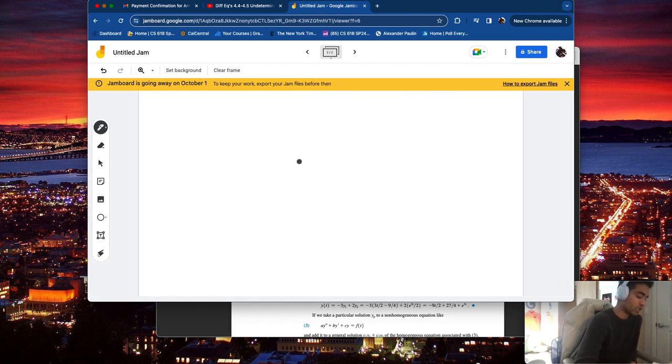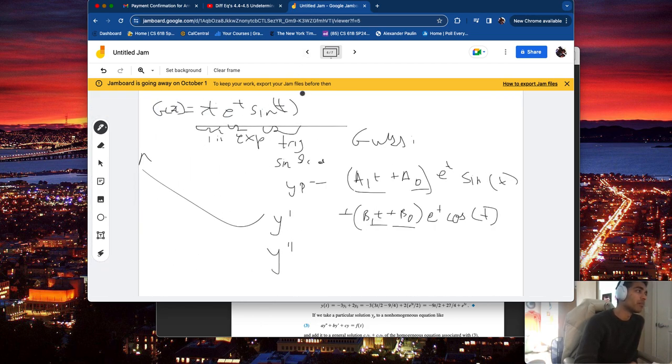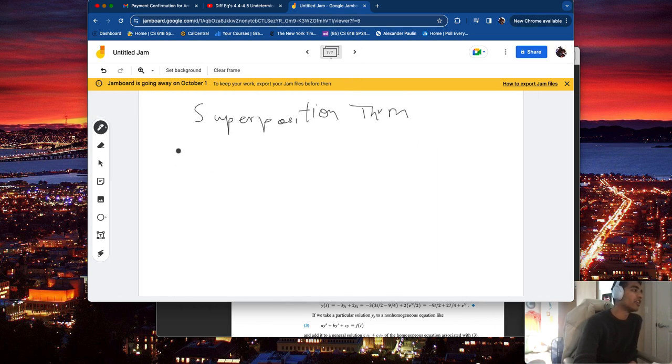Okay, so let's explore the last scenario that can exist, and for that we'll use the superposition theorem. We looked at the composite case where they're multiplied by each other, but what about the case where they're added to each other, where g of x is, let's say, e^(2t) + 8t, anything, right?